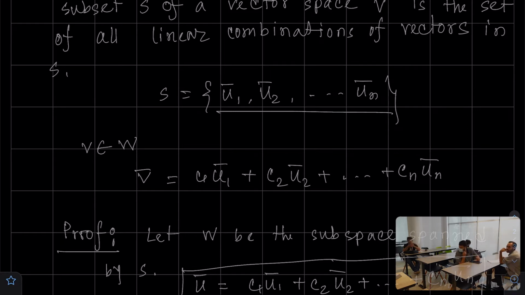I was thinking like you can choose a linear combination. Suppose you have a subset S, and I'm trying to prove it here. In the most general version, you have that subset S. You take a linear combination that consists of m vectors. You write the linear combination, and you take another linear combination which consists of n vectors, m not equal to n.